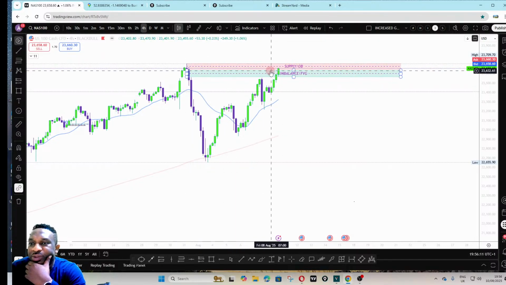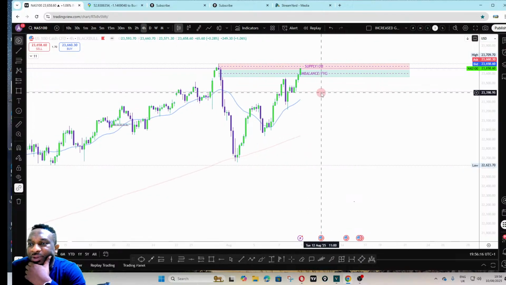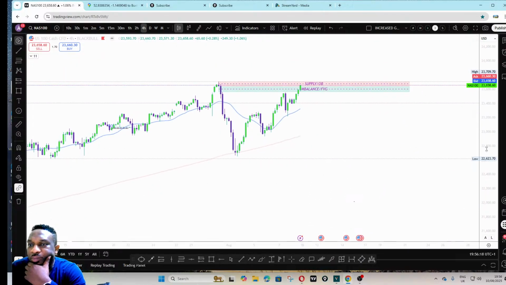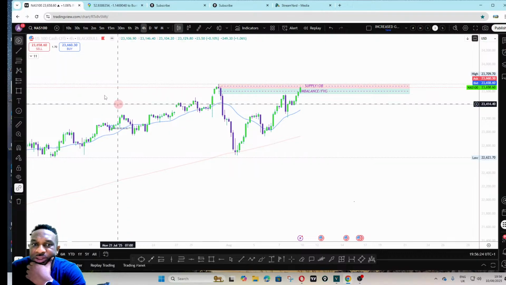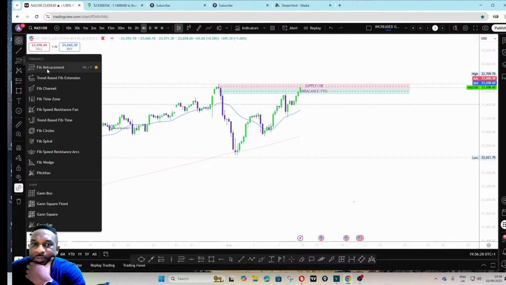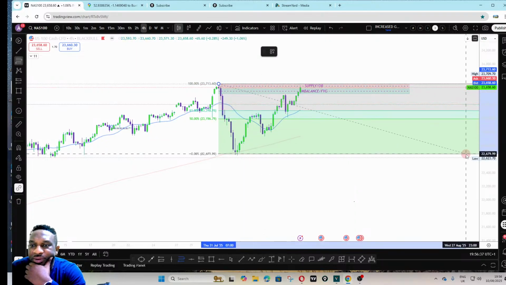This key area. So from this key area, anything can happen. Price can either push up. So we have this range here. This is the range we look into. Let me put this. So we have this area here.